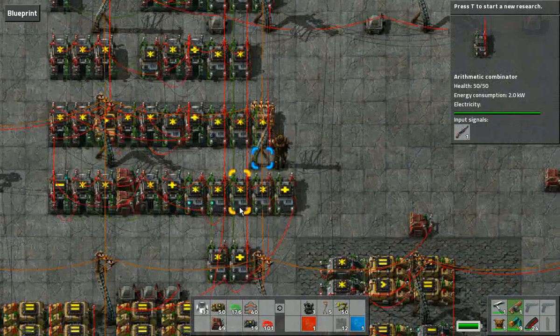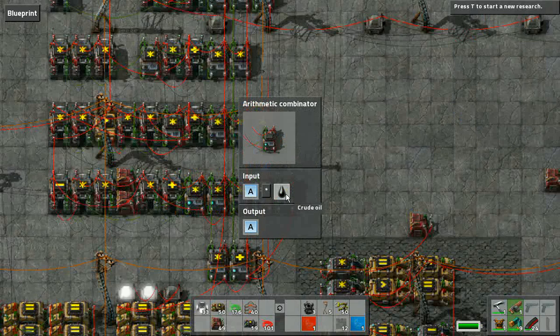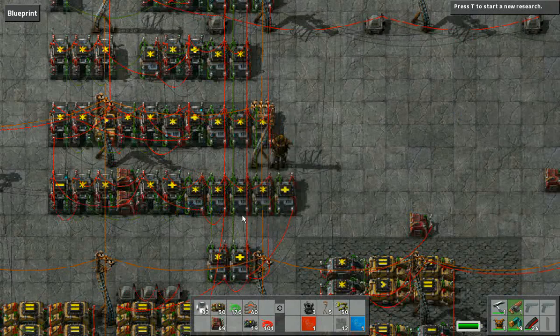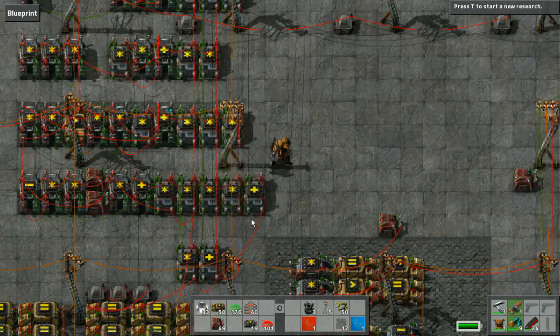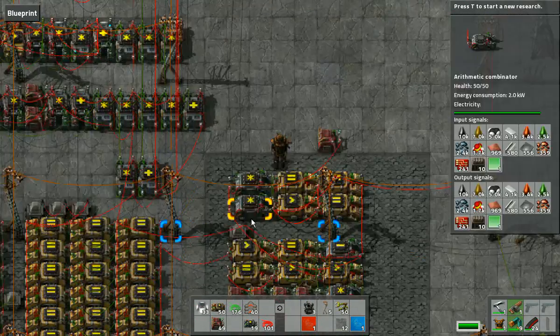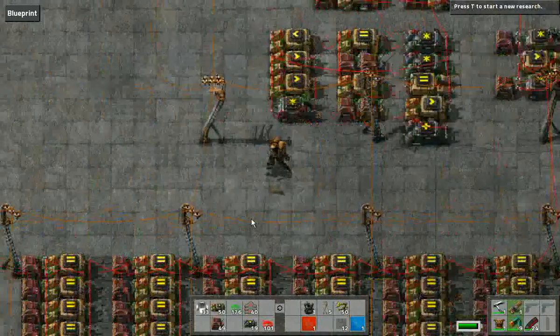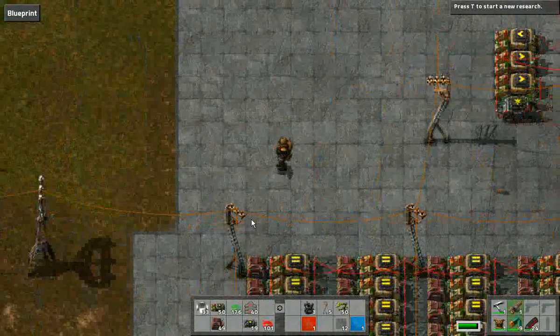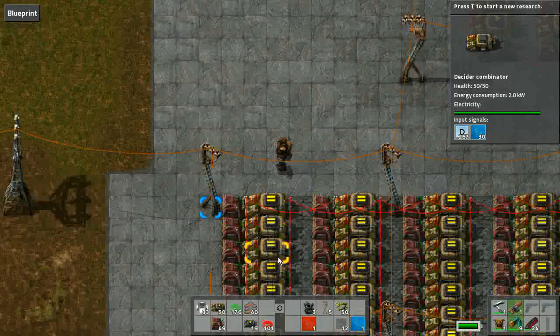Okay, the crude multiplied the value of A129, so it generated A129. These two signals were added together, generating 130. 130 is the address of the next instruction. So that's how the next instruction would be addressed.